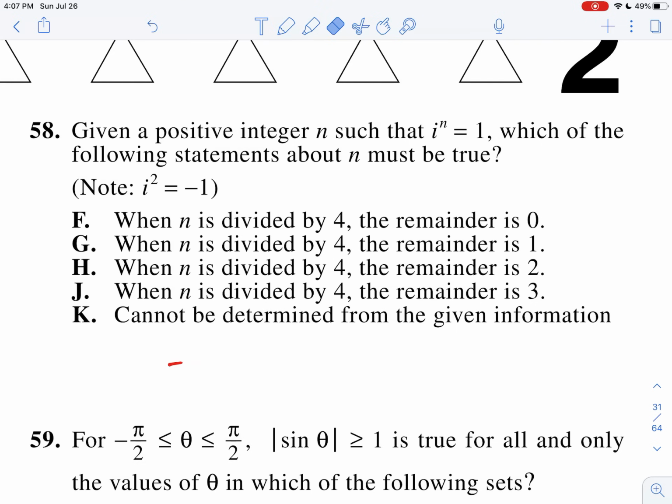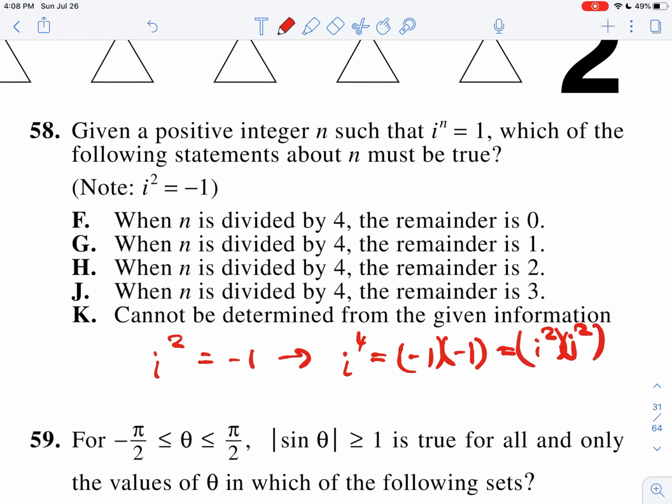Now, the thing that's interesting here is that they use i. We know that i squared equals negative 1, right? But in order to get 1 out of this, we could also do i to the 4th. That'll give you negative 1 times negative 1, which is the same thing as i squared times i squared. And this actually ends up equaling 1 as well.